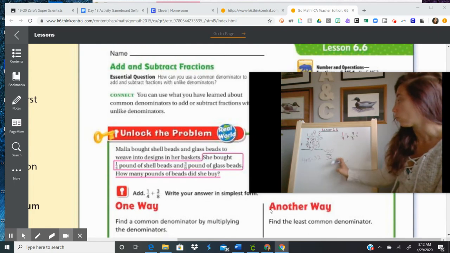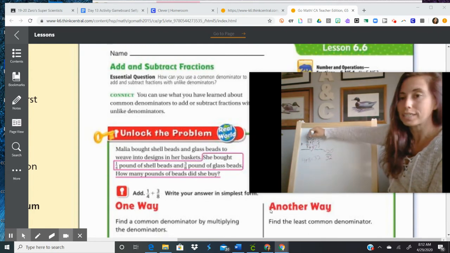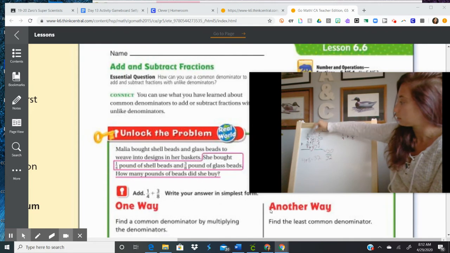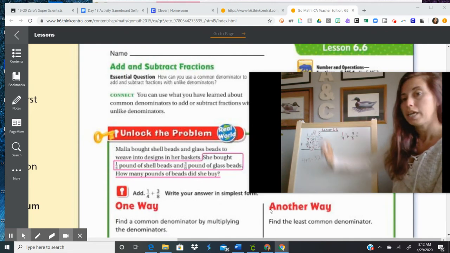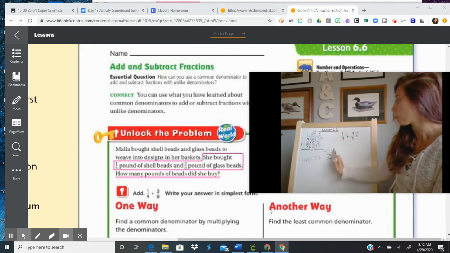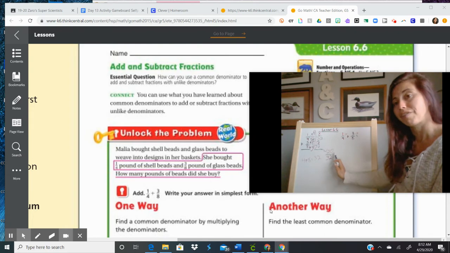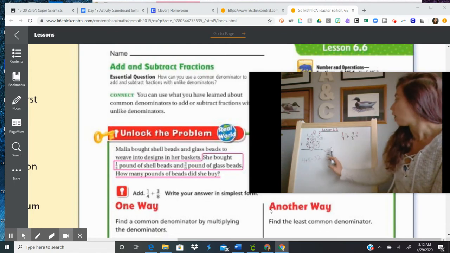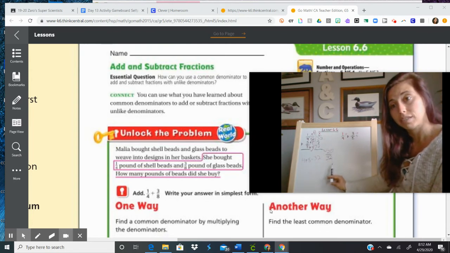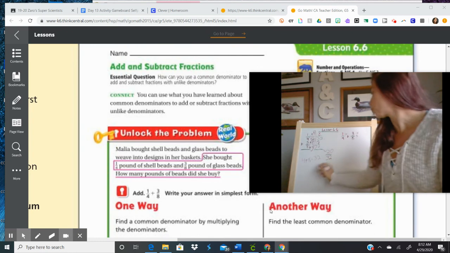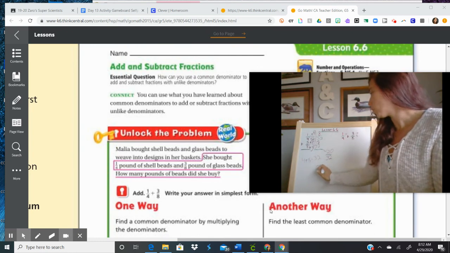What I need to look for is just like I did over here. What could I multiply to give me a common denominator? Here, I'm going to look for what are different factors of 20 and 32 that I can divide by. I know 20 and 32 are both even, so I could divide by 2, but I want to make sure it's simplest form.